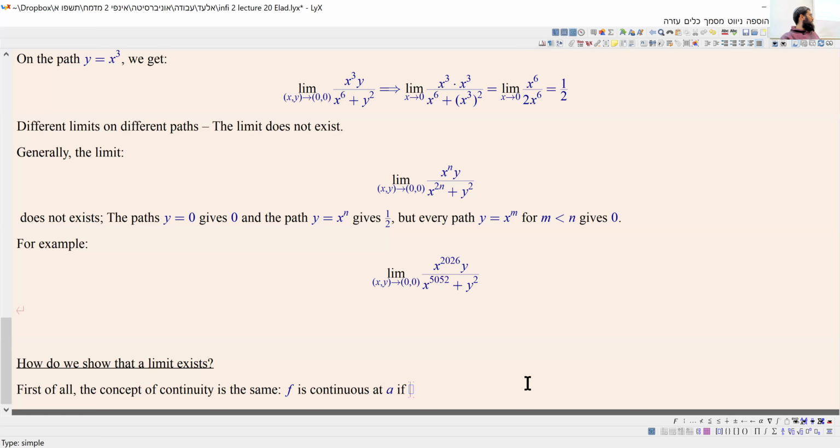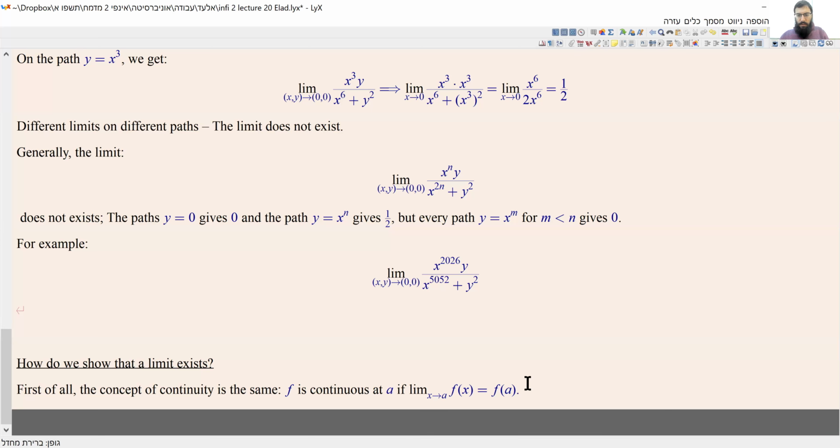It is a definition. It's just if the limit where x goes to a of f(x) is just f(a).